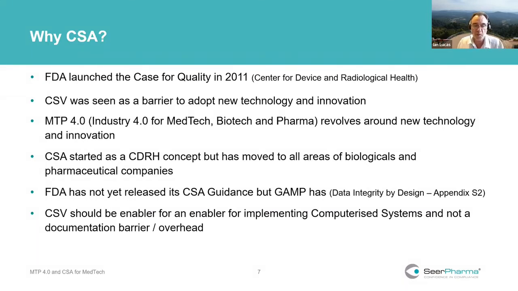And this is what I do when I train on it, and I do training courses on these topics I'm talking about. I try to change the mindset of people who come on my training. Yes, I tell you about what you need to do and why you need to do it. But in the end, I'm trying to change your mindset about seeing CSV as an enabler to put out quality products. So CSV is not just trying to create documents.